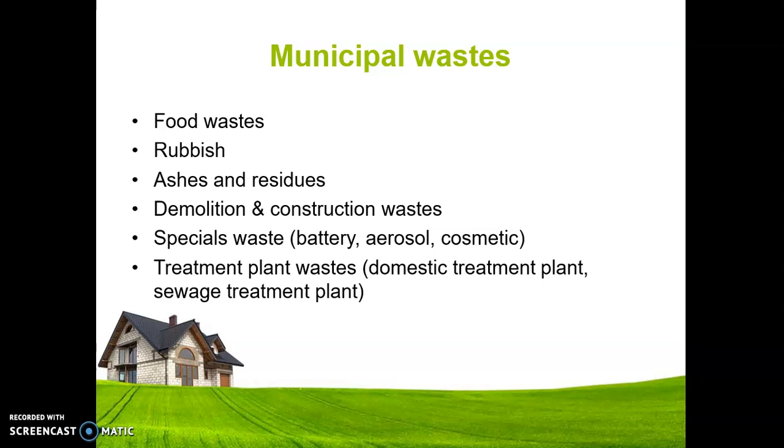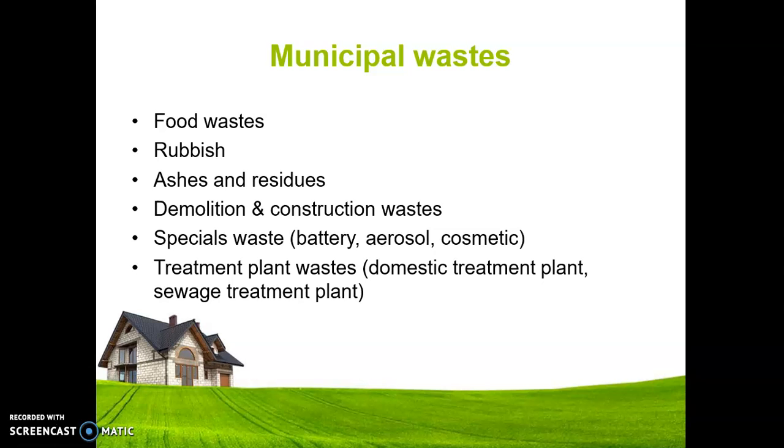Example of municipal waste is the one that can be easily produced from your house, and also from school areas, offices, and universities. So that's what we consider as municipal waste. Some examples of it are food waste, rubbish, ash, demolition and construction waste.